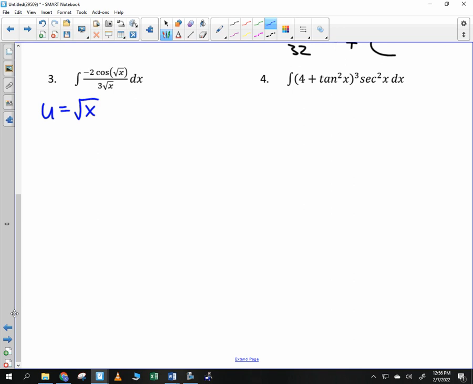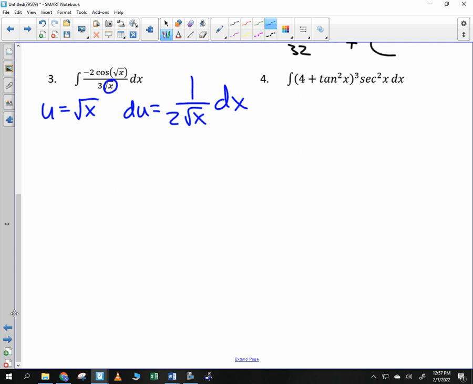U is that thing that when you take the derivative of it, what's the derivative of the root of x? 1 over 2 roots of x. You come up with something that you want to substitute for. See how I get 1 over 2 roots of x? That root of x will be accounted for right there. And so therefore, that's why this is a good choice for u.